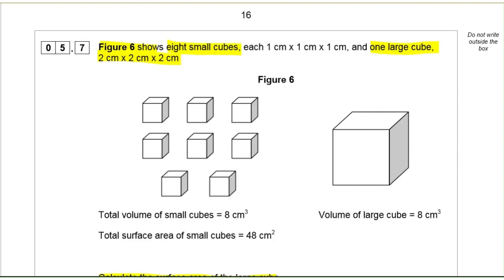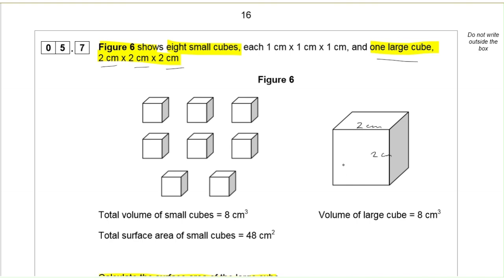Now we can see the dimensions of the large cube. It's 2 centimetres by 2 centimetres by 2 centimetres. So one side is going to be 2 centimetres by 2 centimetres multiplied together to get the area. So the area of one side is 4 centimetres squared. Times this by 6, and the surface area of the cube is 24 square centimetres.